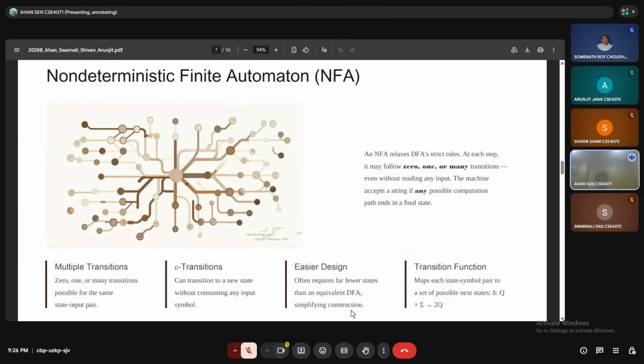It is easier to design because fewer states are required sometimes, because epsilon transitions are possible. So there are fewer transition states required, which makes the design much simpler than DFA. And the transition function maps each state symbol pair to a set of possible next states.